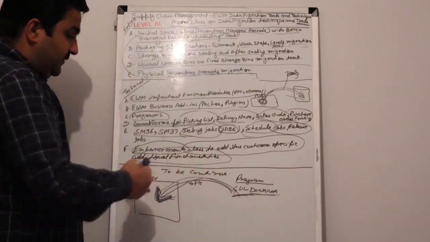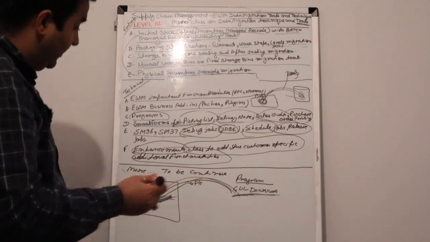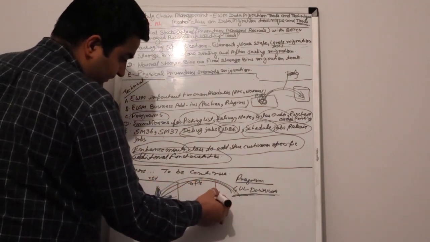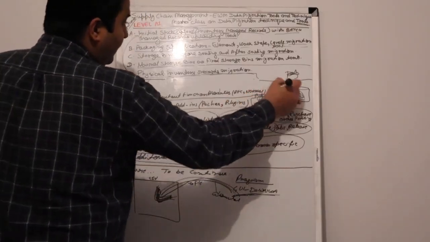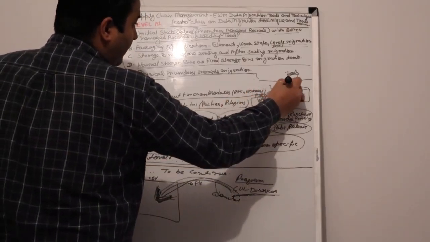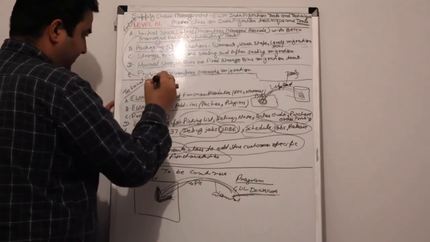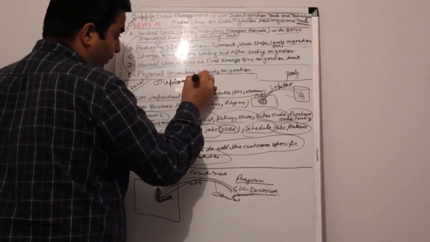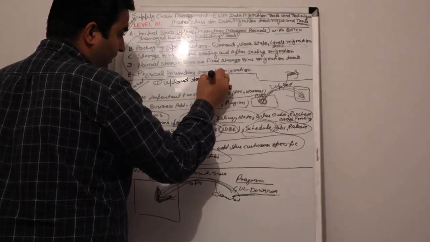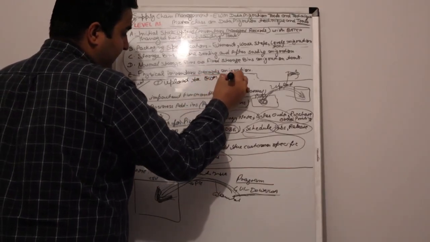This is called the downloading process, and the other is called the uploading process. Here I will mention the first point: upload to EWM database tables.